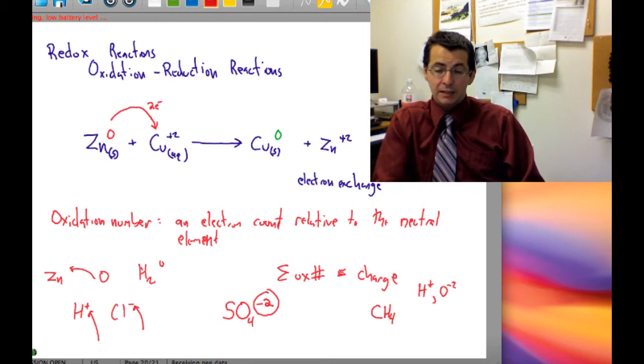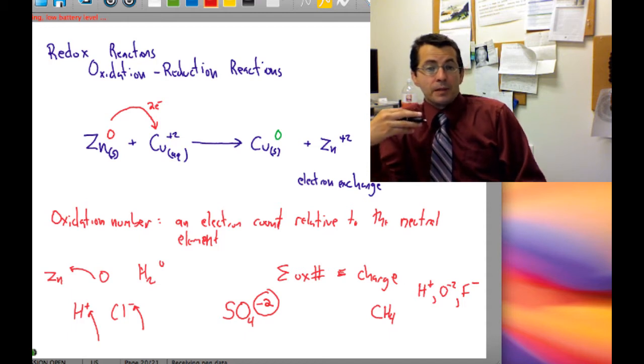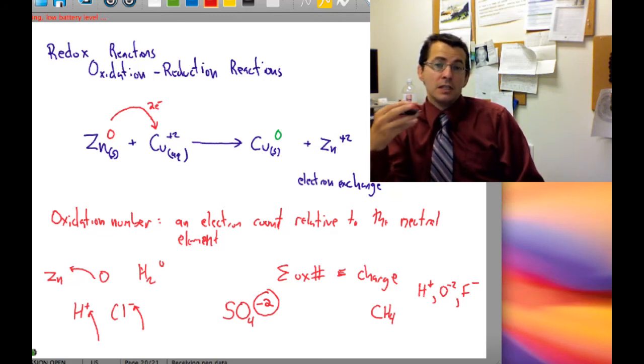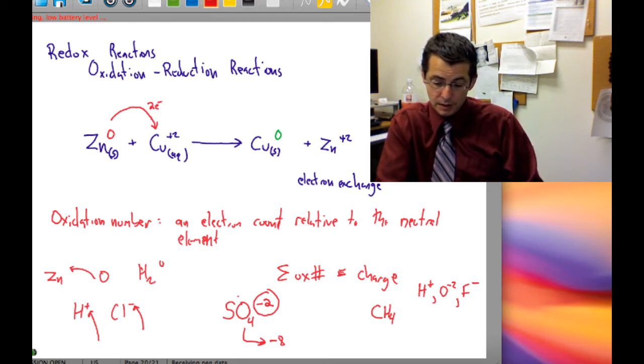Oxygen is typically -2, and fluorine is almost always -1. Using these rules and other rules that we just showed, we can start to tease out what these are. So if this oxygen is typically a -2, we have 4 oxygens for a total of -8. Each of those oxygens has a -2 oxidation number.